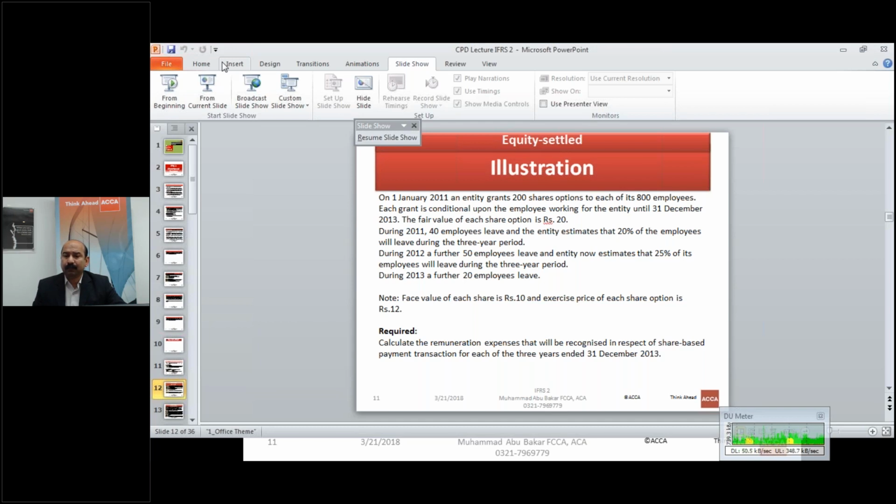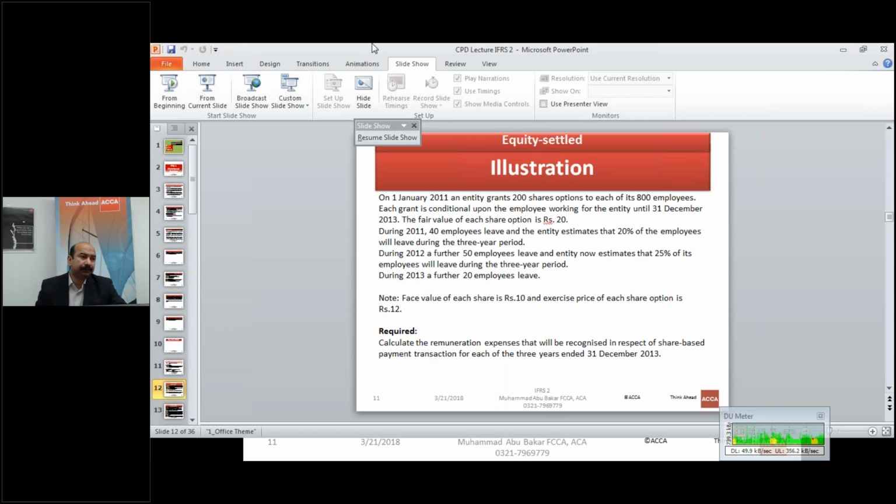What will be your cost is dependent on the number of employees who will remain there at the end of the vesting period. So in fact, we are calculating the liability at the end of the vesting period. So if someone is not there, he will not be entitled to that benefit. So that is not our expense. Similarly, if something is not our expense, liability cannot arise. I hope it should be clear.